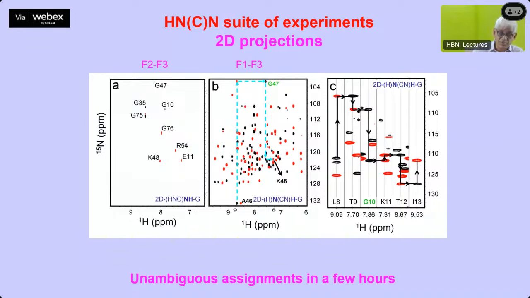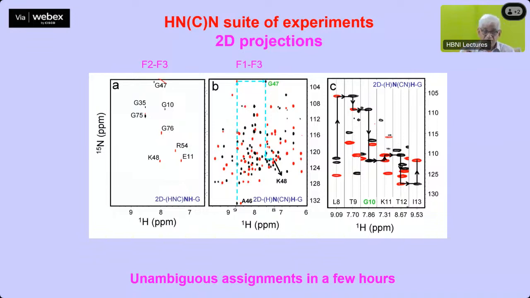In the HSQC spectrum, I get only these. If I record the HNCN experiment and take projection down the F1 axis, I identify only the Gs and the residues next to them. G75, G76, G10, 11, R54 is additionally coming here. There is another one which is 53 that is not shown there.